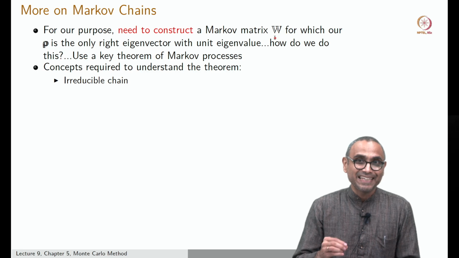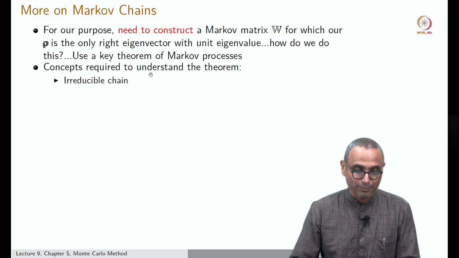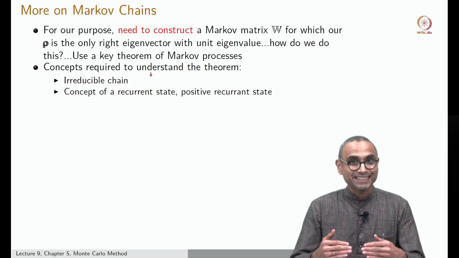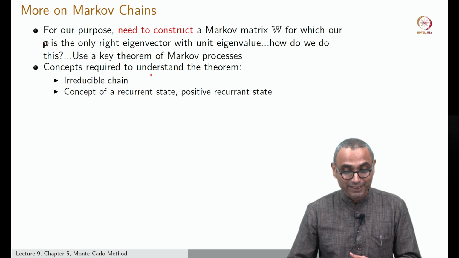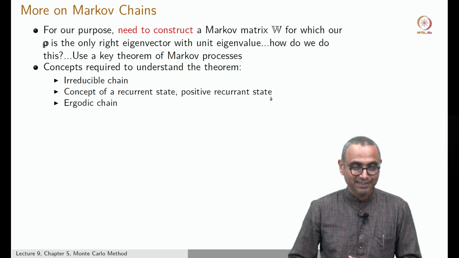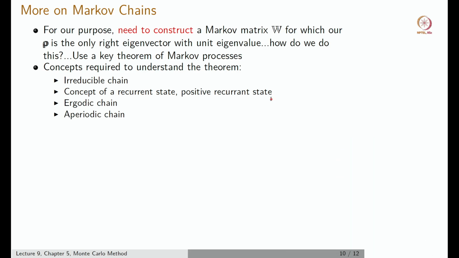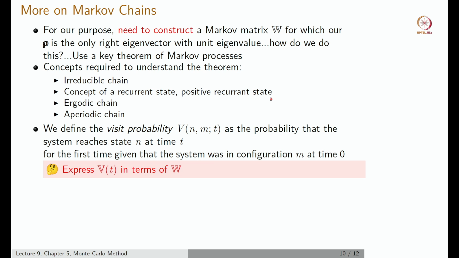The first idea that we need is the notion of an irreducible chain. We also have to understand the idea of recurrent states and positive recurrent states, what we mean by an ergodic chain, and the notion of aperiodic chains.